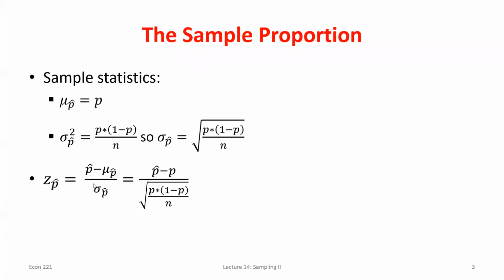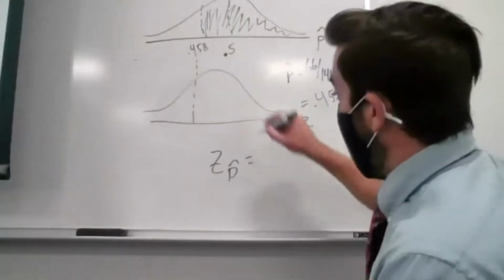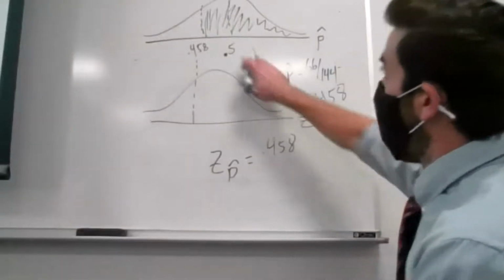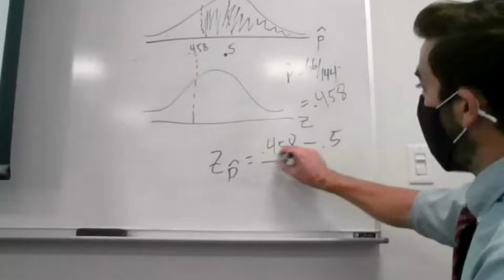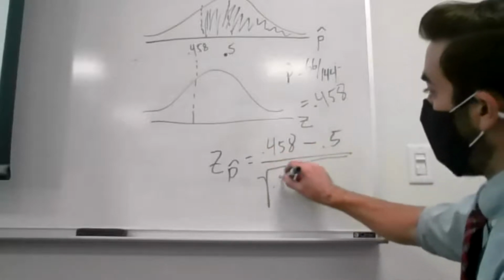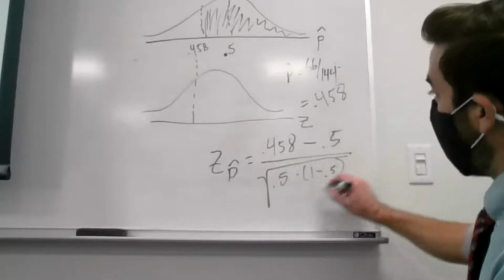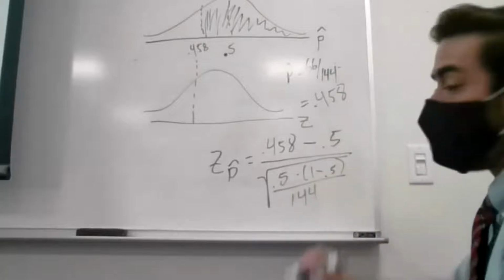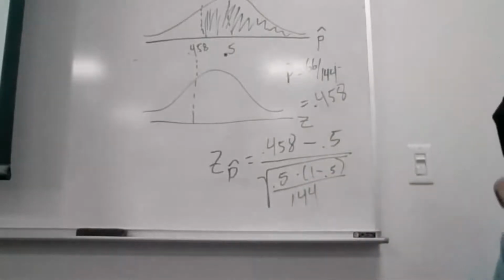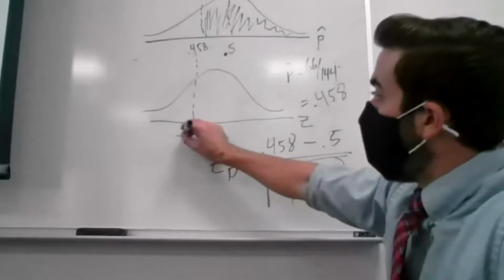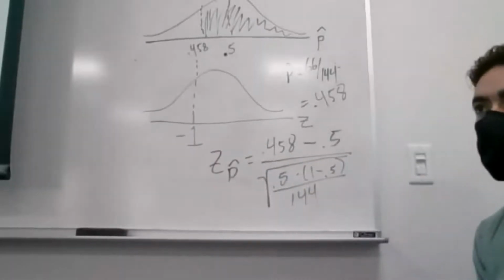We want the cutoff value we're interested in minus our population proportion, divided by the square root of the population proportion times 1 minus the population proportion, divided by our sample size. For us, that cutoff value was 0.458. Our population proportion is 0.5, square root of 0.5 times 1 minus 0.5, divided by that sample size, which is now 144. If I do that, I'll end up with a z-score of -1.